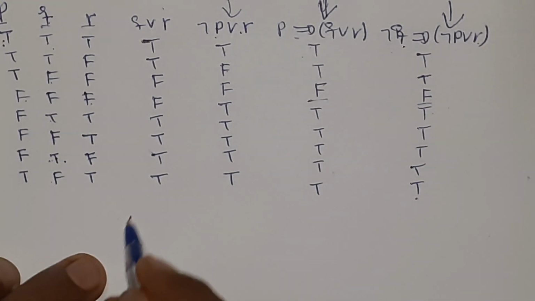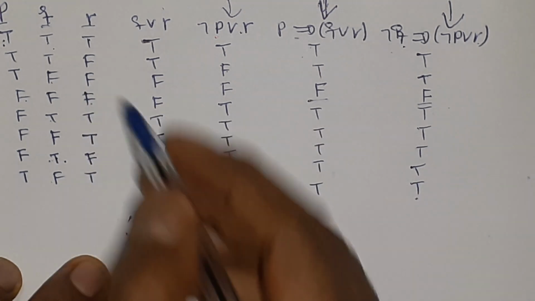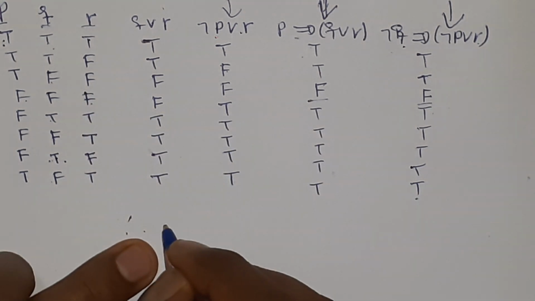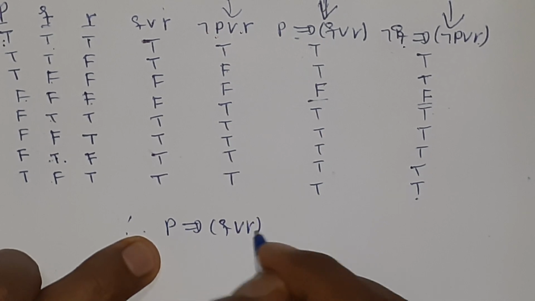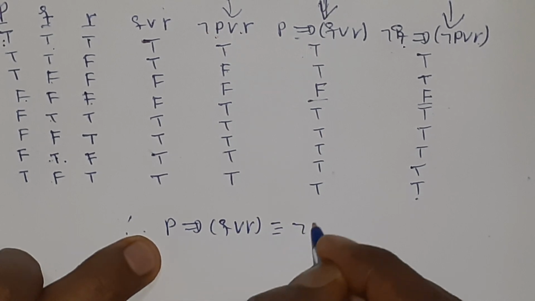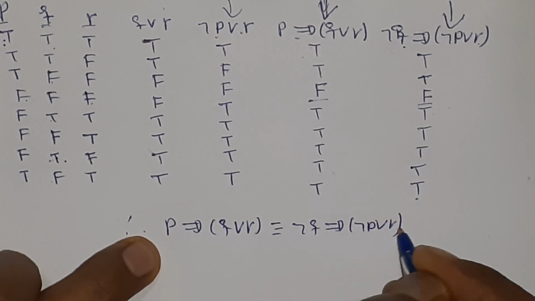Therefore, since they have the same truth values for the same assignments, the two statements are equivalent, that is, P implies Q or R is equivalent to the negation of Q implies negation of P or R.